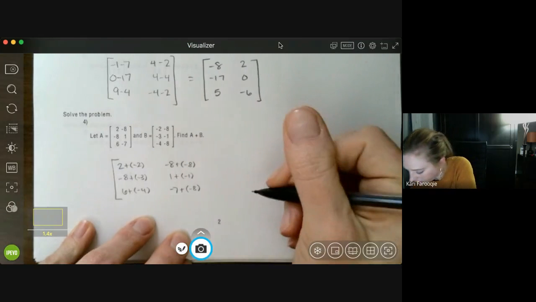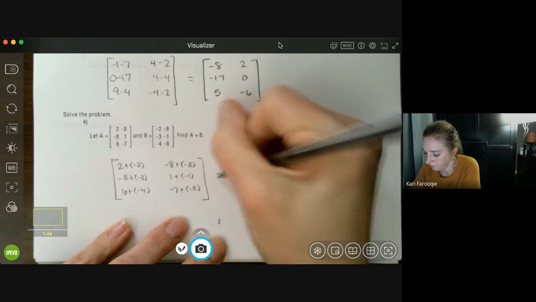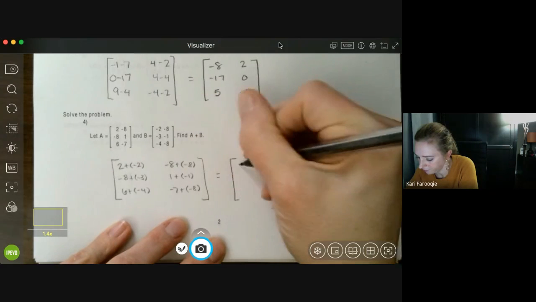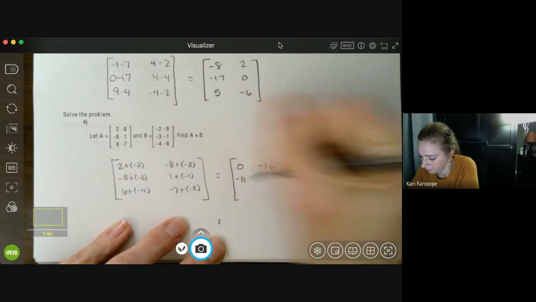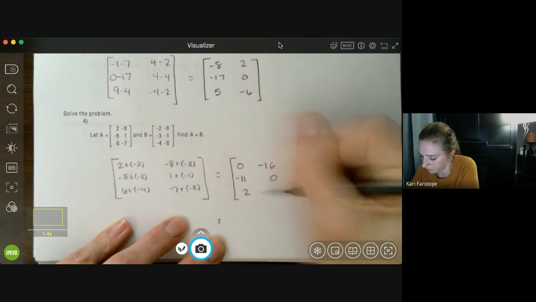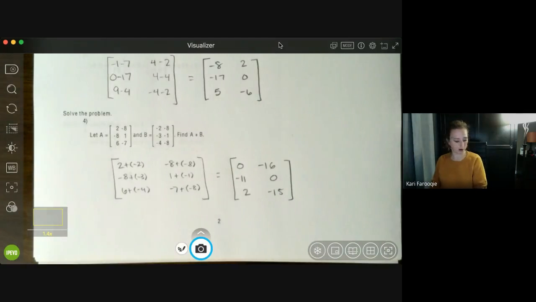And of course, all of the elements in that right matrix are negative. All right, that's what I got: 0, negative 16, negative 11, 0, and 2, negative 15.